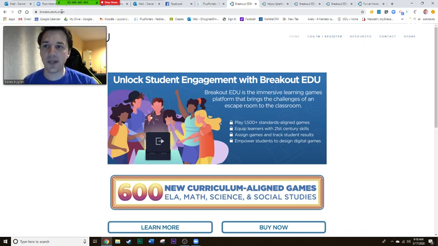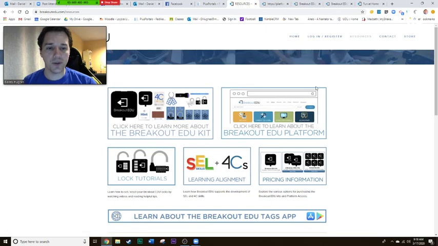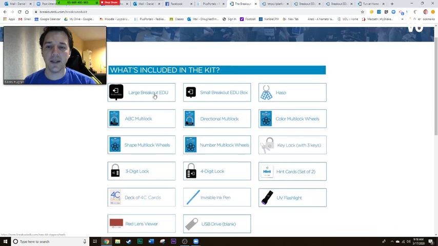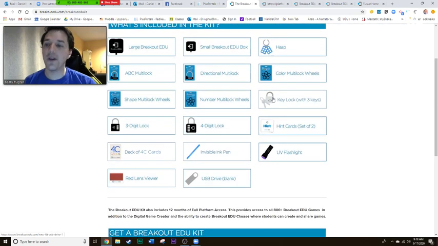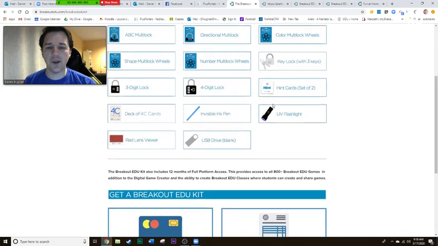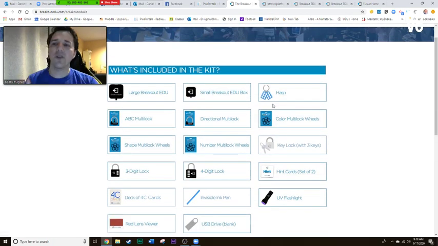So breakoutedu.com is your link, and then you can go to your resources and you can learn more about the Breakout EDU bundle. This is actually physical locks that come in boxes, and if you've ever done an actual escape room, this mirrors that same idea where there are different games and different hints that you can establish, but you create the narrative and you can change the combinations to the locks.